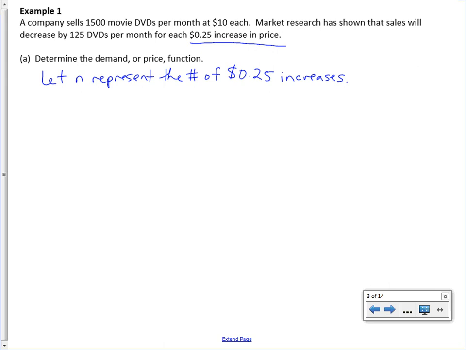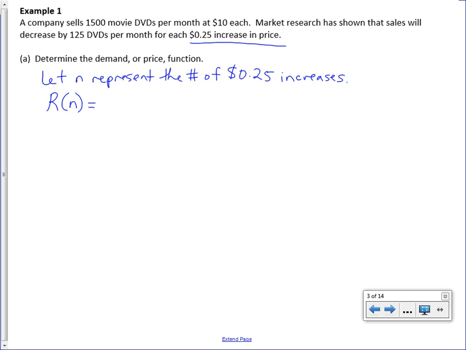So if you let n be the number of 25-cent increases, and you want to come up with the revenue function in terms of the number of increases, I know it's going to seem counterintuitive that we're doing this here.